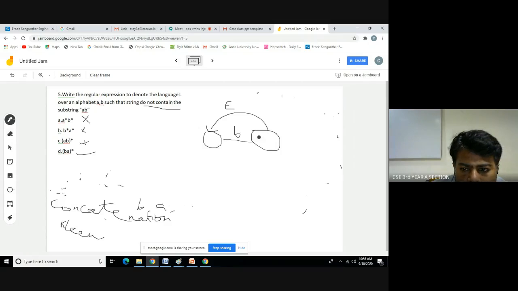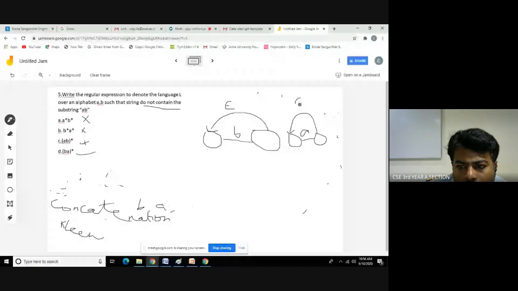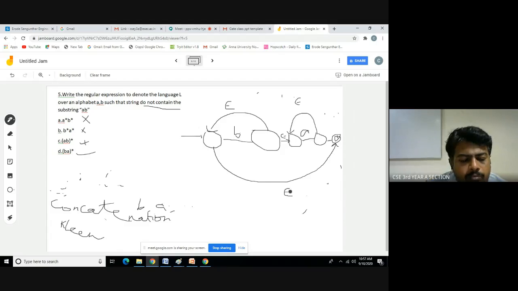You can construct A star once again this way. Connect them; make the connection. This is epsilon, this is the start state, and this is the accepting state. From this you can make epsilon transitions. So this is B star A star.